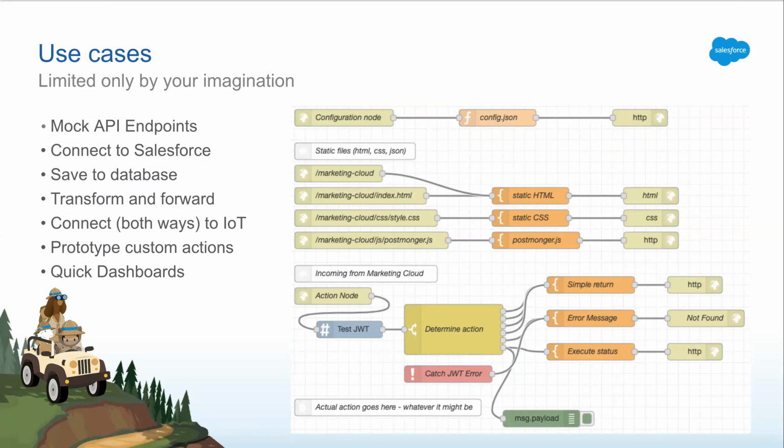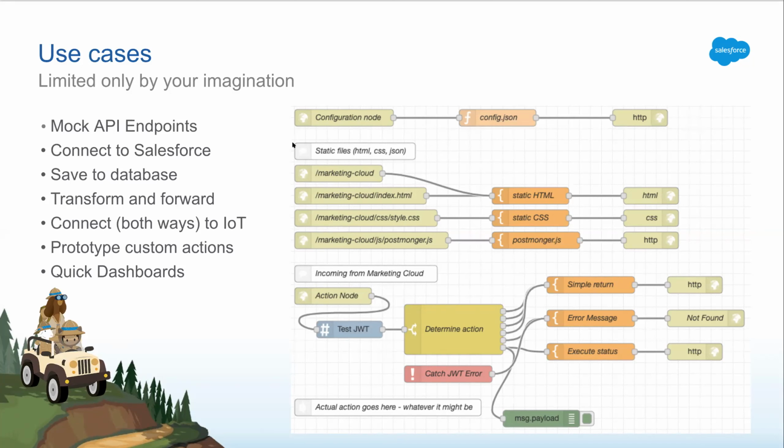Prototype custom actions. The screenshots, what you see right now, that is actually a custom action in Marketing Cloud. So we had a very specific problem that wasn't solved. So I could, in a very short time, after understanding how it works, create a custom action that shows up in the Marketing Cloud and solve the problem.